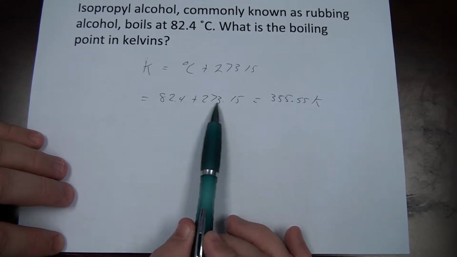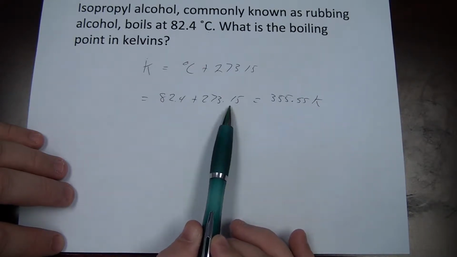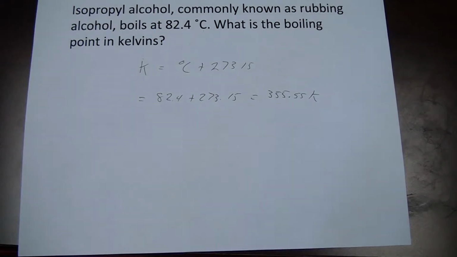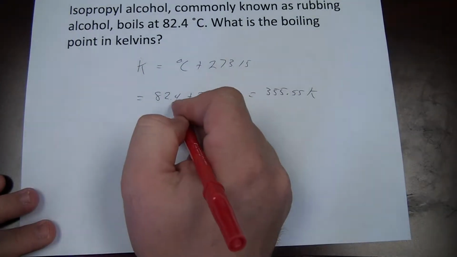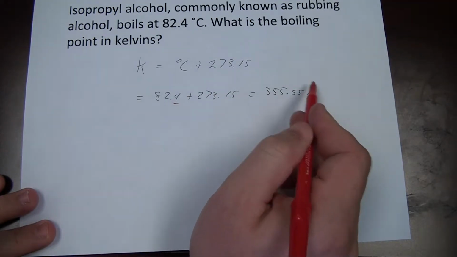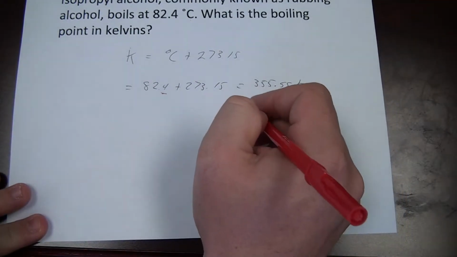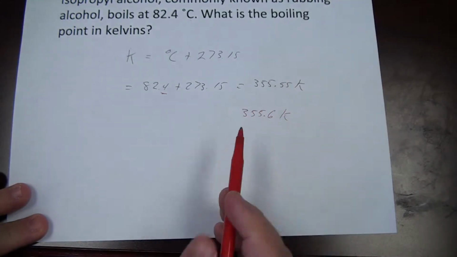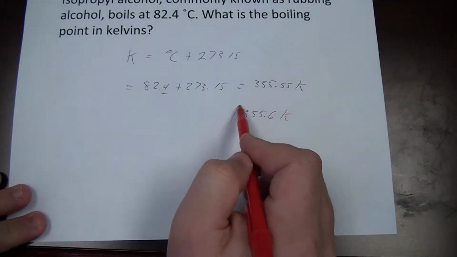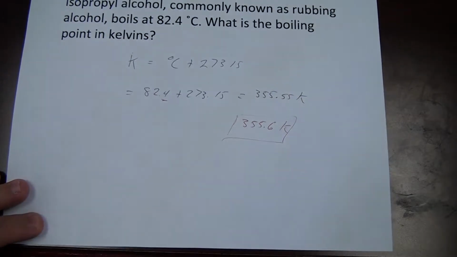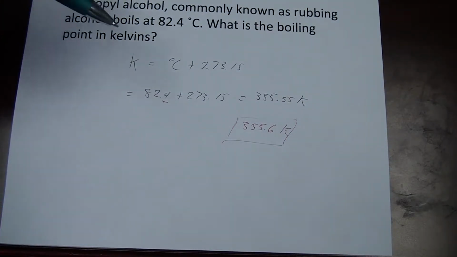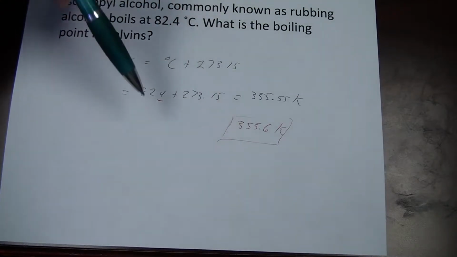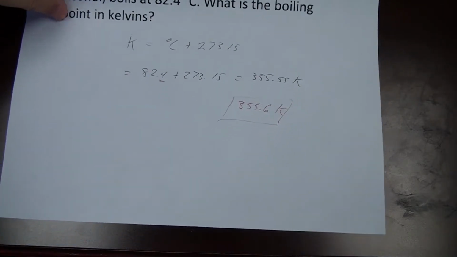Here, since we're adding and subtracting, we're going to use the smallest number of decimal places, so that it's going to be 1. So we have to round this number to 1 decimal place, so this becomes 355.6 Kelvin. Again, do the actual math first, and then at the end, go back and worry about significant figures.